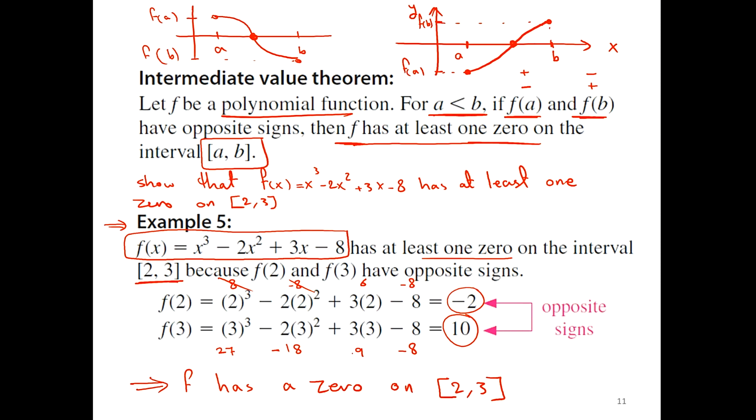We must put f of x as a polynomial. You must put the conditions. If we need to implement the theorem, we have some conditions. For example, this theorem is for polynomials. So f of x is a polynomial. 2 is less than 3. f of 2 and f of 3 have opposite signs. So we have at least 1 zero for f of x between 2 and 3.